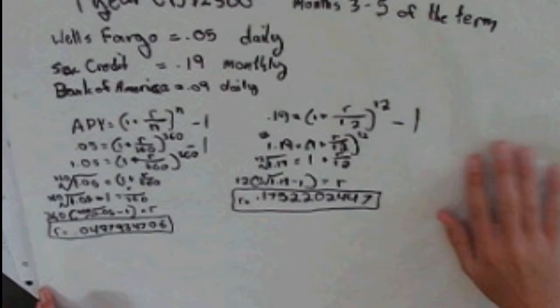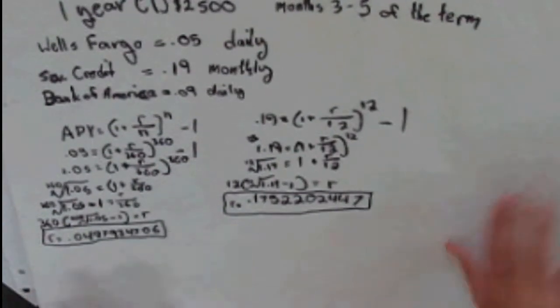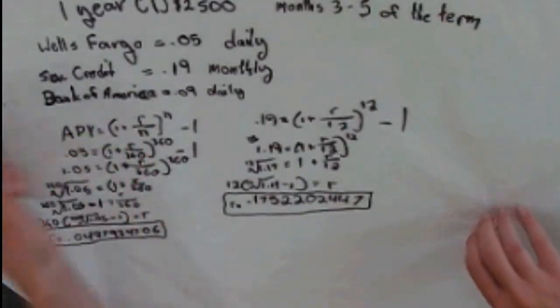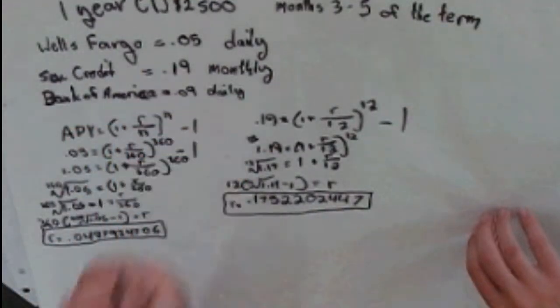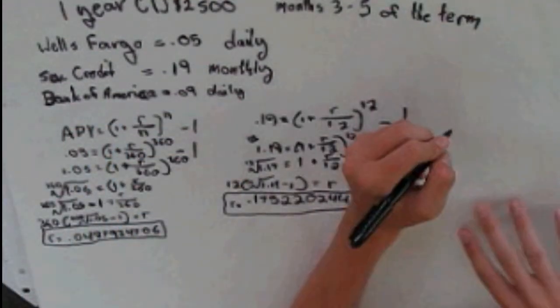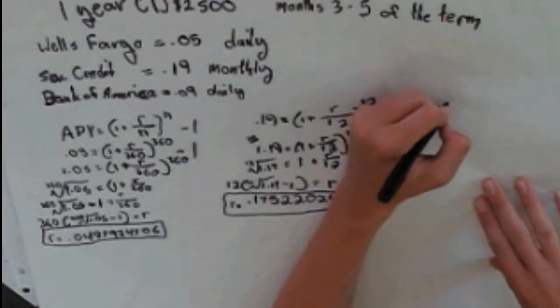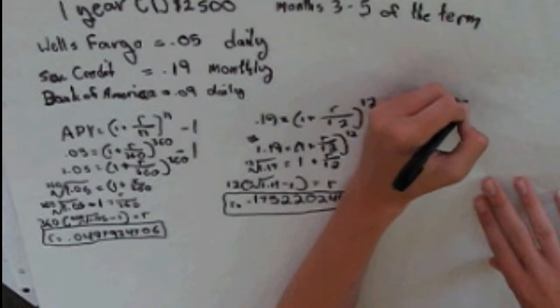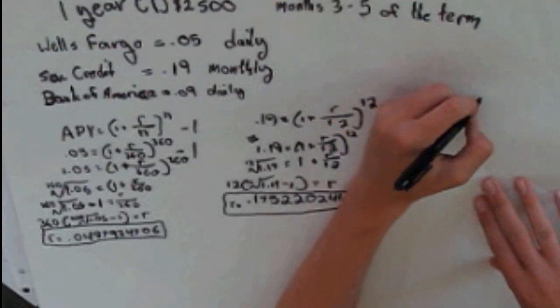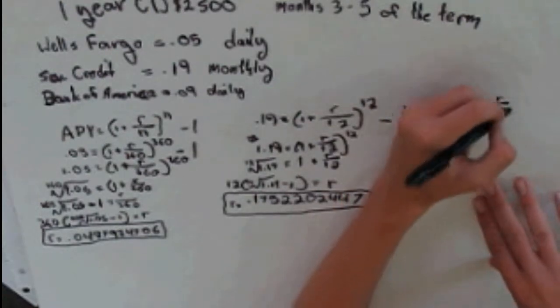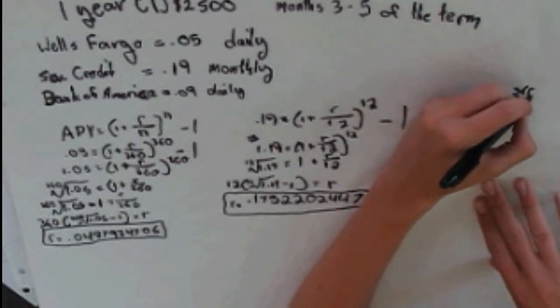And then now I'm going to substitute in the values for Bank of America, 0.09, and 360 because it's daily. So 0.09 equals 1 plus R over 360 raised to the 360th power, minus 1.